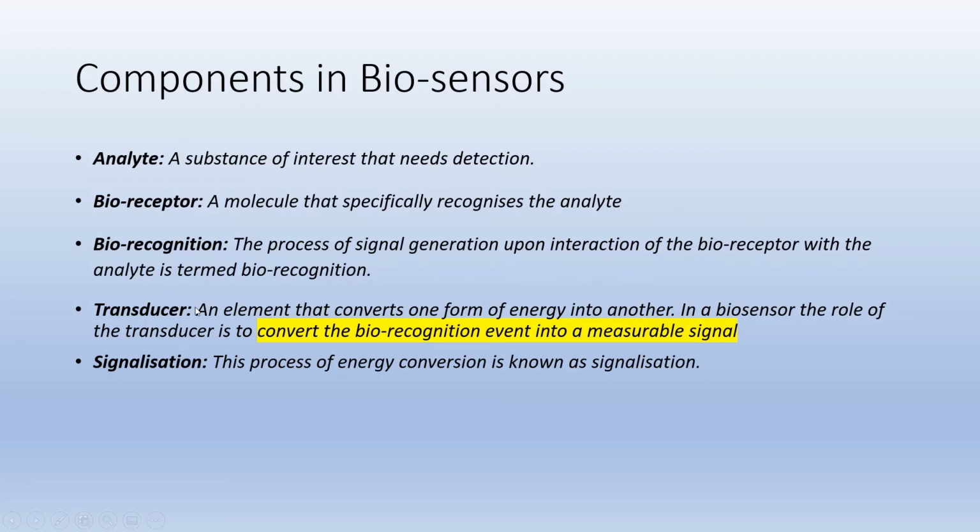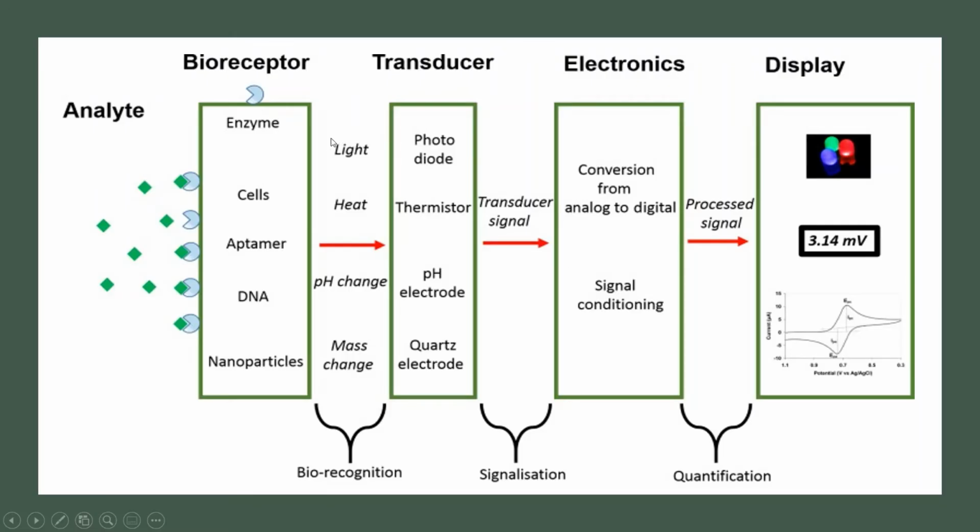A transducer is an element that converts one form of energy into another. In biosensor, the role of the transducer is to convert the biorecognition event into a measurable signal. That is, here the output might be a light. So the light could be measured with a photodiode. When the output of bioreceptor is a type of heat, it could be calculated with a thermistor.